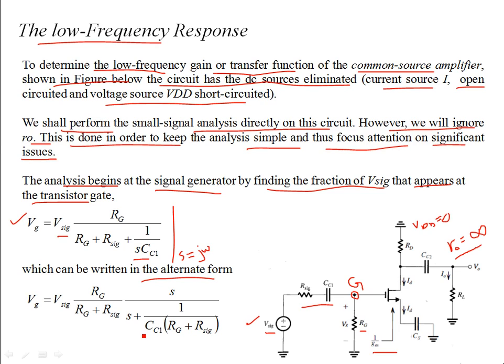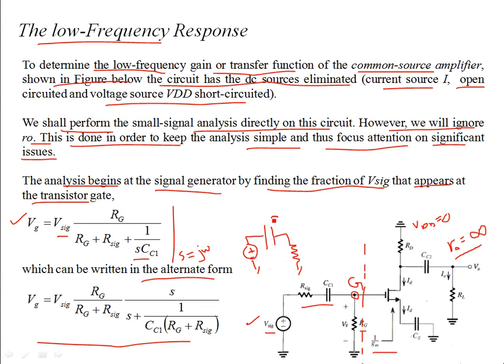The motivation for writing it in this form is that you see this transfer function is a single pole high pass type response. Up until this section, the input section of the MOSFET is a single pole high pass filter. Let's say there is a capacitance, where the capacitive reactance is dominating, and then you have a resistance.